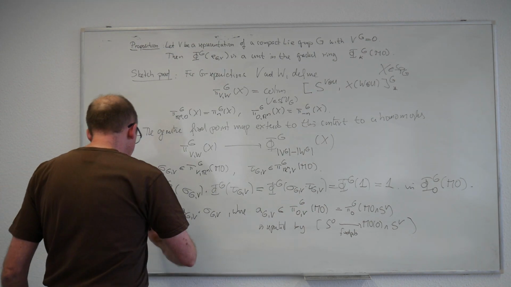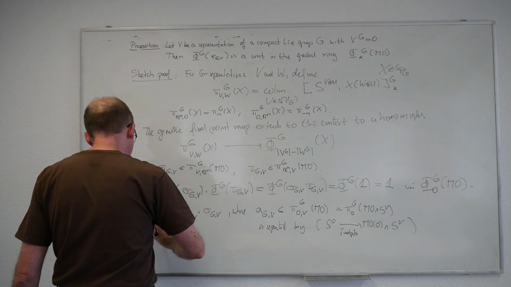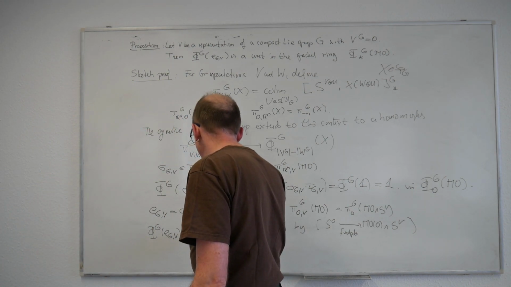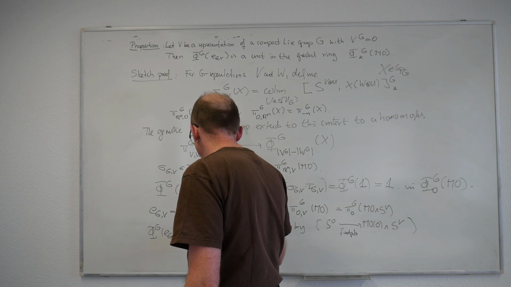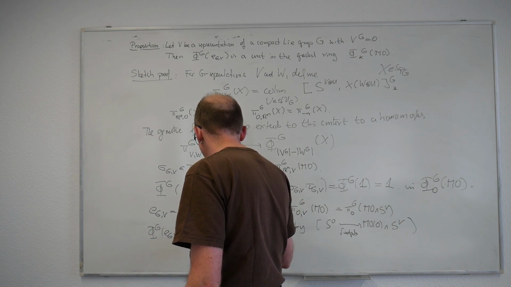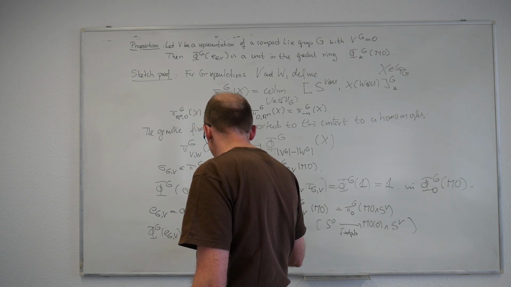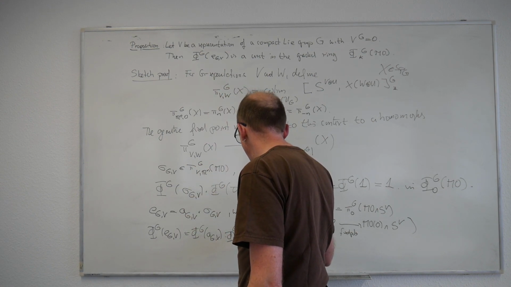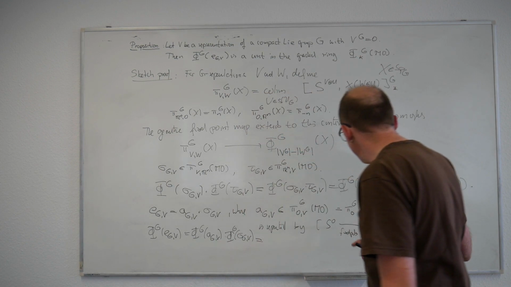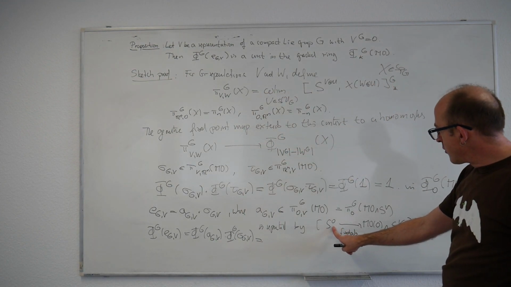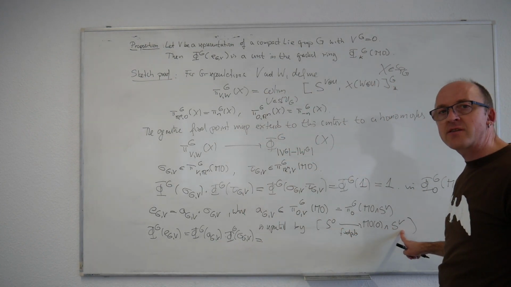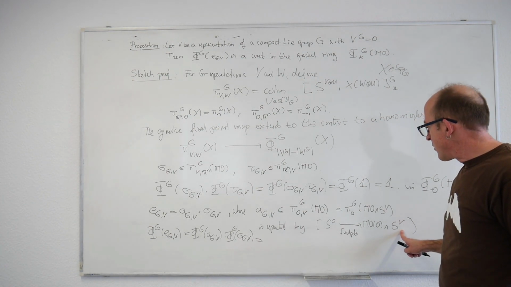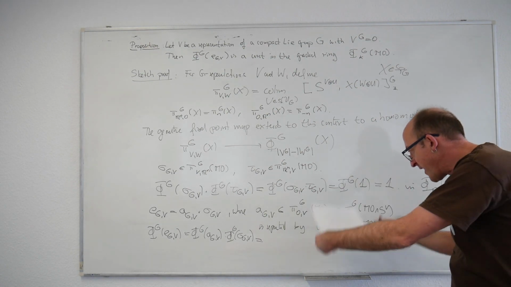Now, the next thing we observe is that if I take geometric fixed points of E, G, V, then by the multiplicativity, I can take geometric fixed points of A, G, V, times geometric fixed points of sigma, G, V. But what's happening here is that this is the inclusion of the fixed points. So V is a representation without non-zero fixed points. So the geometric fixed point map takes fixed points of this.